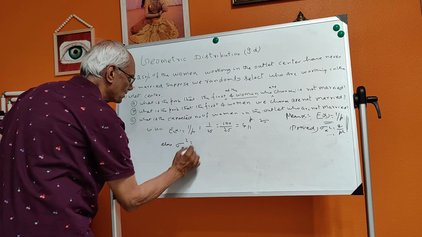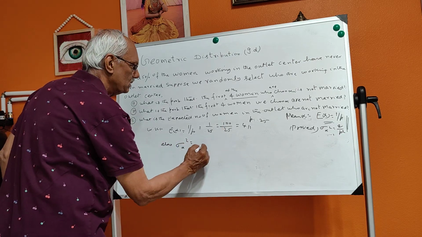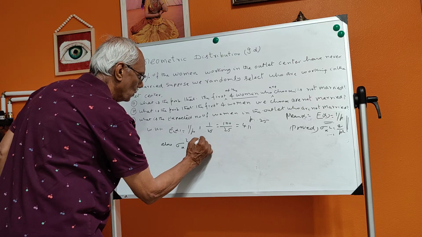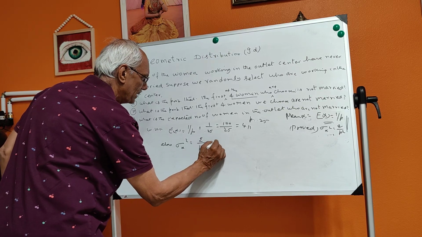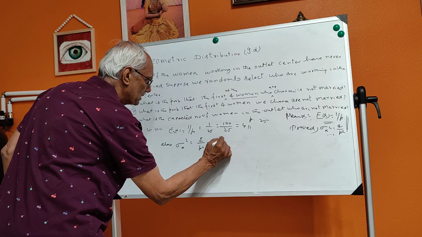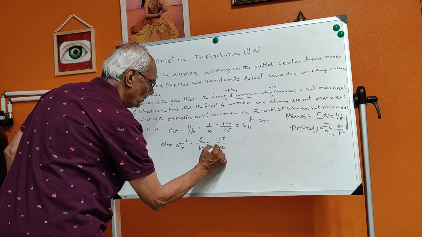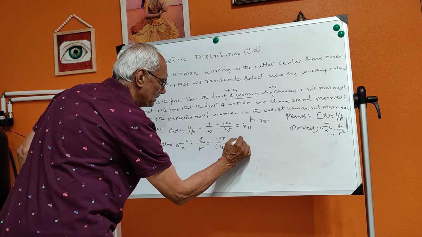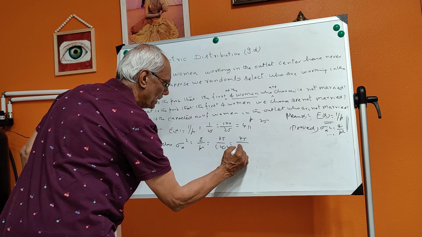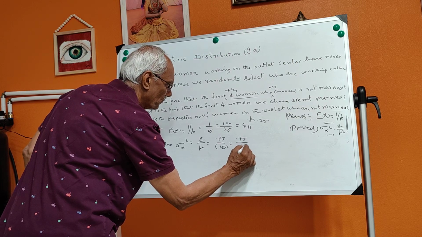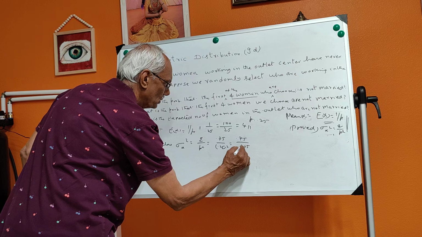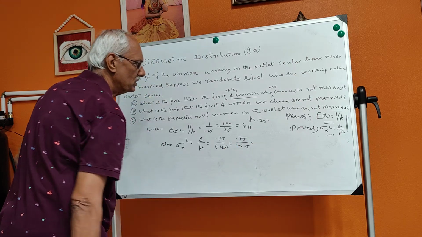Also, what is the sigma of x square? It is q by p square, that is equal to 0.75 divided by 0.25 whole square, that is 0.75 divided by 0.0625.